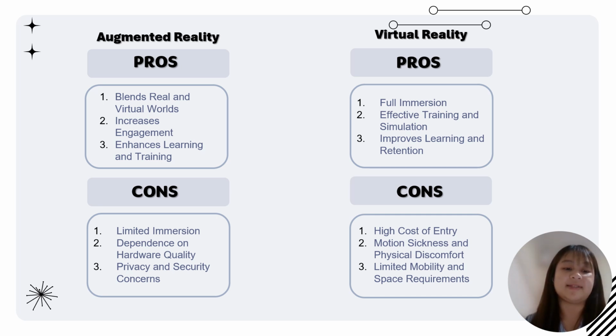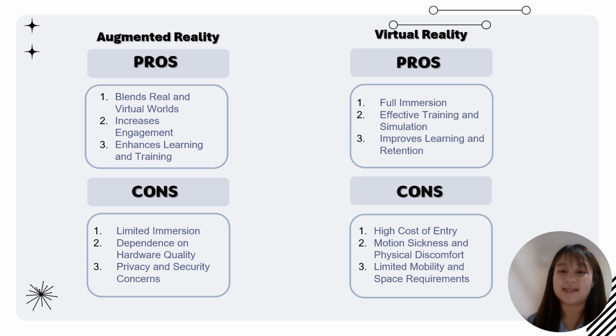Thirdly is privacy and security concerns. AR apps often require access to cameras, location, and personal data, raising privacy concerns. Misuse of this data can lead to privacy violations. An example is that apps like Google Lens need to collect image data, raising concerns about how this information is stored and used.